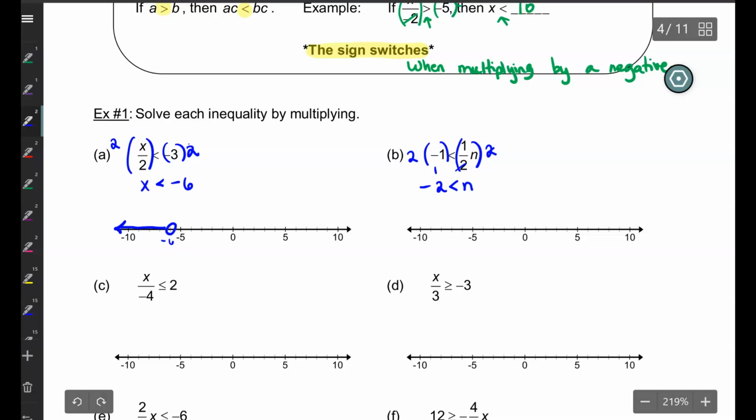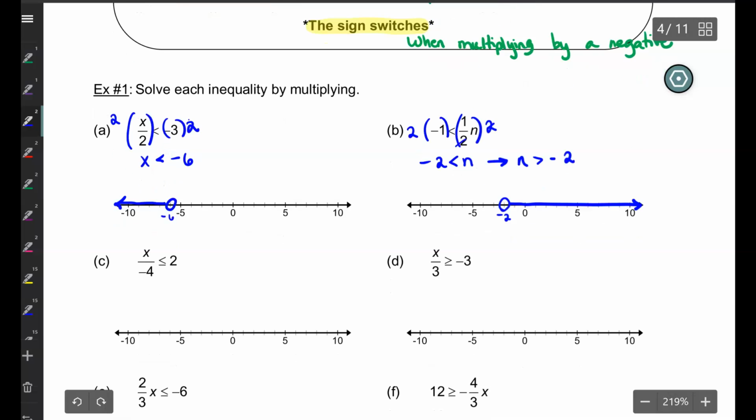So it's okay if this number is a negative. The sign does not switch. It only switches if the number that we're multiplying both sides by is negative. I'm just going to rewrite this. Remember how I like to put the variable on the left side. So it's going to be n greater than -2. So here's -2. Put an open circle, shade to the right.